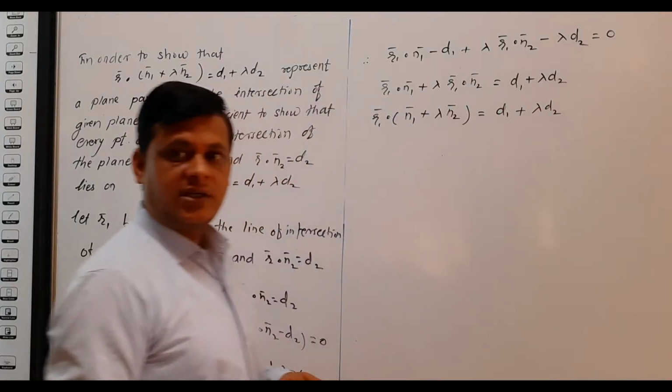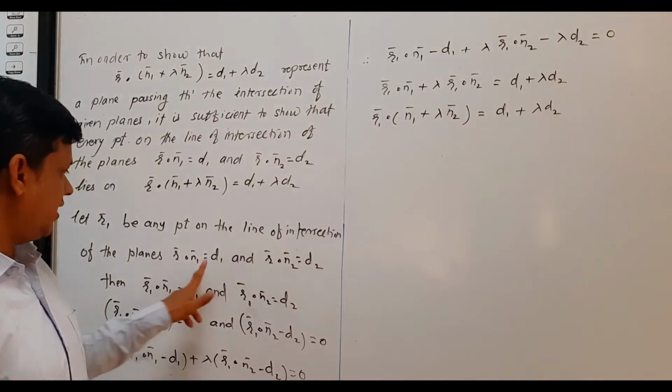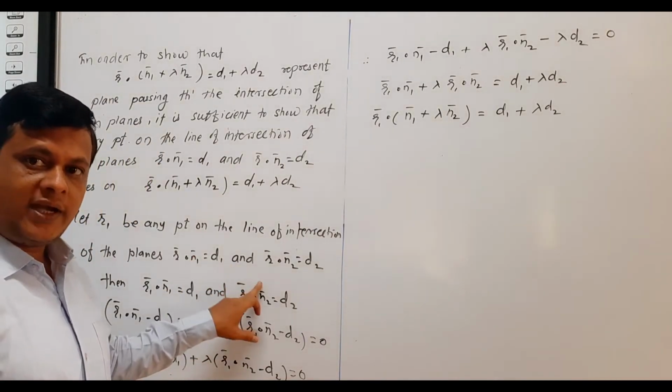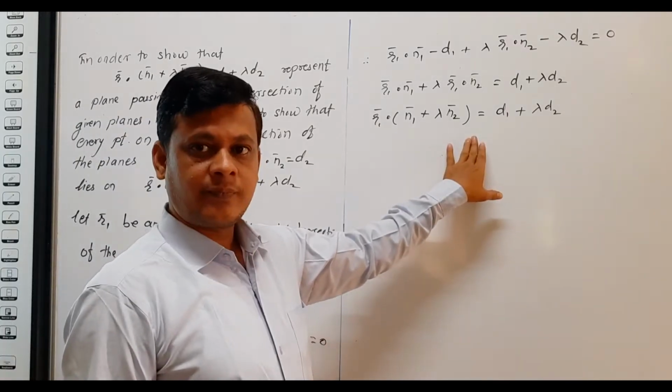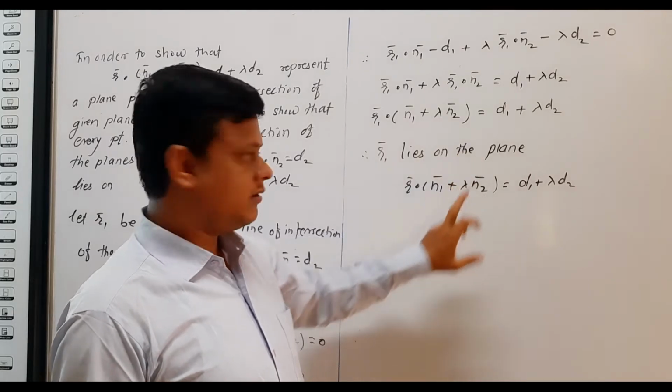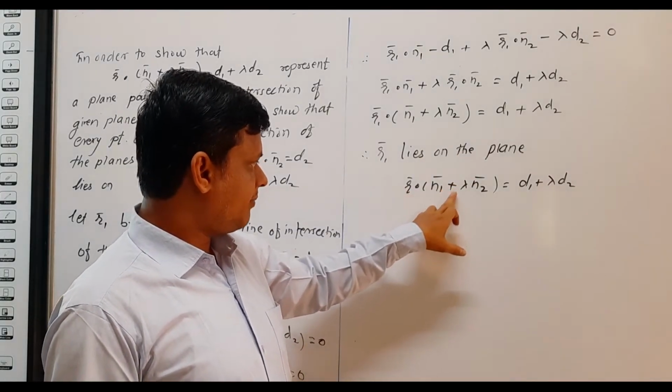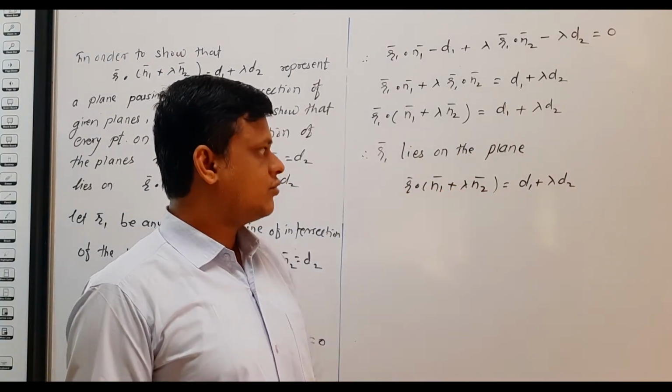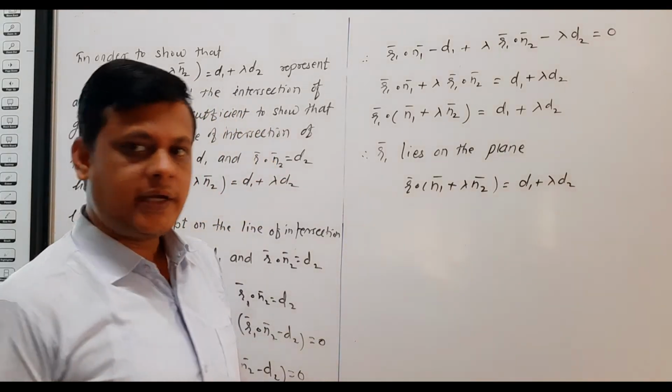That means when we consider a point on these two planes, that point lies on this plane. So we write r1 lies on the plane r bar dot n1 bar plus lambda into n2 bar is equal to d1 plus lambda into d2.